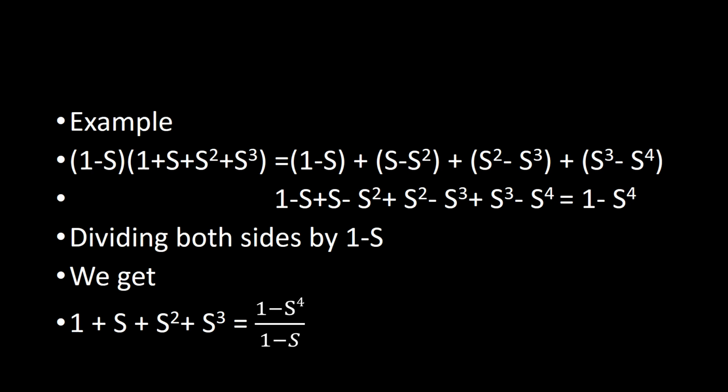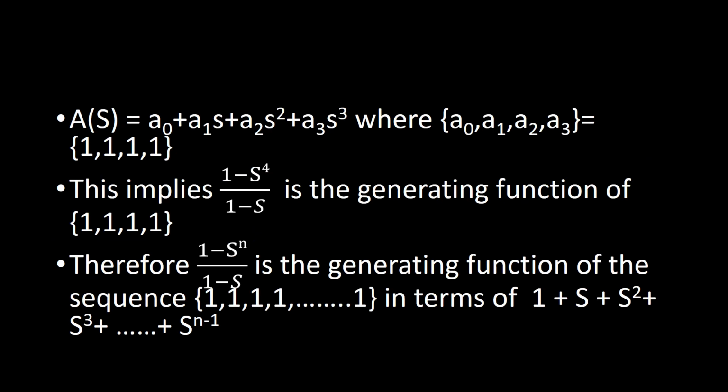Then A of s is equal to a0 plus a1 s plus a2 s squared plus a3 s cubed, where a0, a1, a2, a3 are equal to 1, 1, 1, 1. This implies that 1 minus s power 4 over 1 minus s is the generating function of 1, 1, 1, 1.